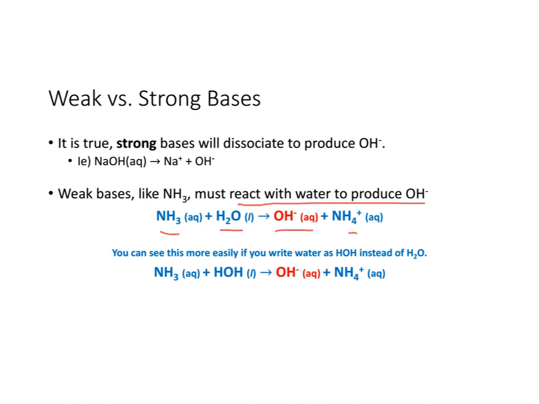And as previously mentioned, sometimes it's more beneficial to write water as HOH. In this case, you can clearly see that this H here has been transferred to ammonia to leave you with free hydroxide and the ammonium ion.